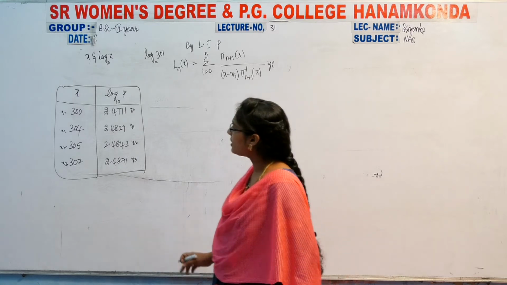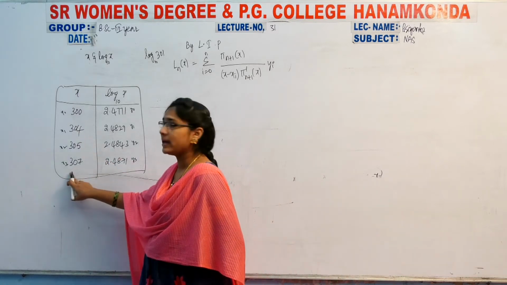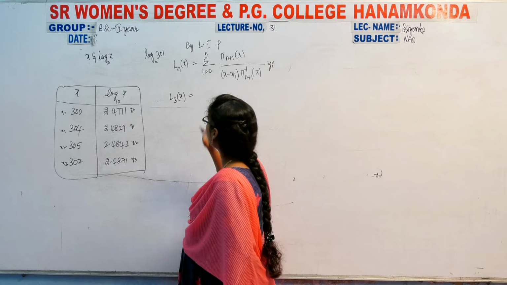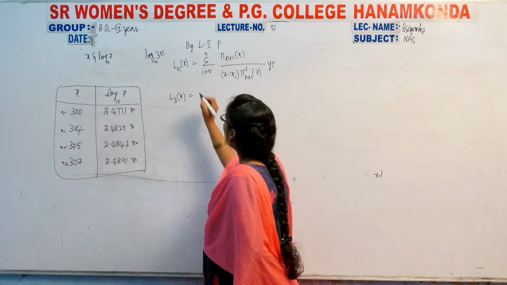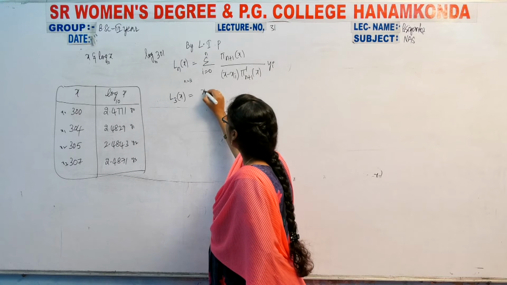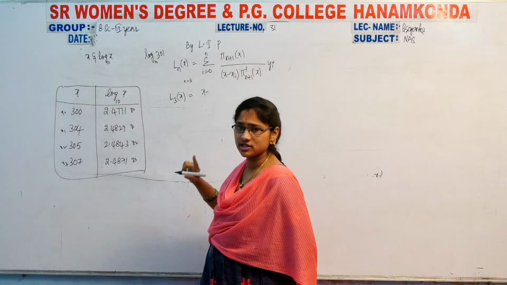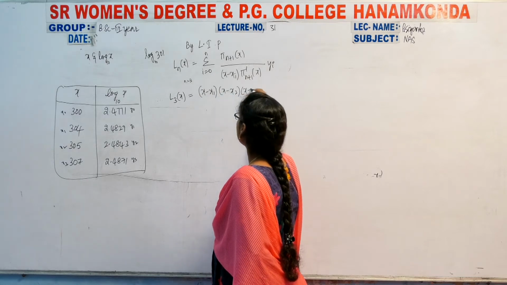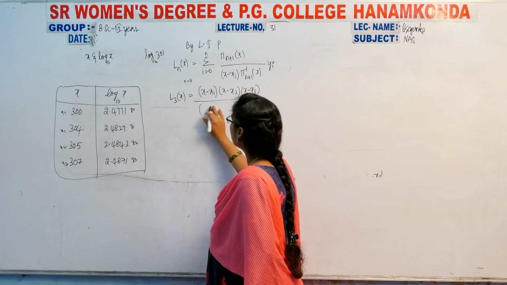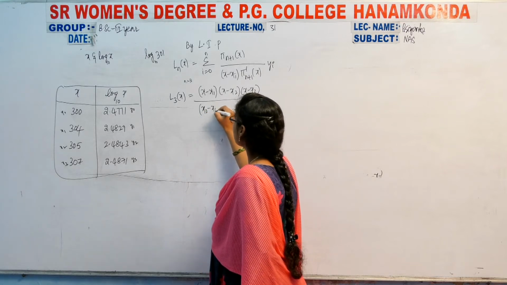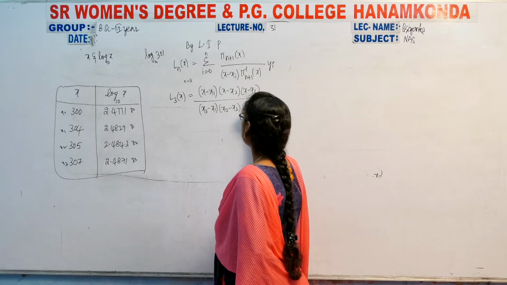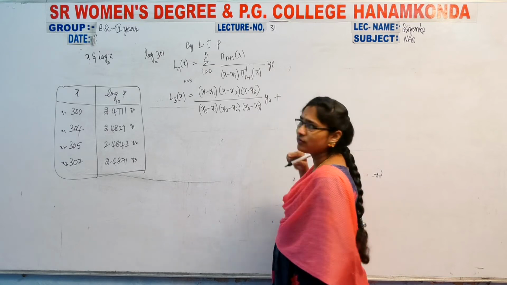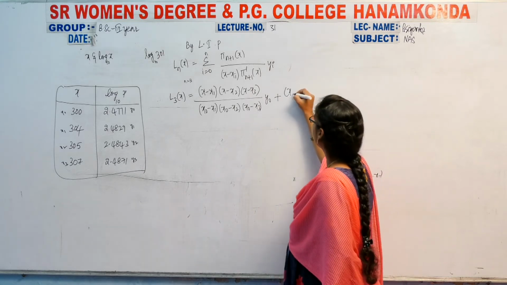Okay, so now here how many values we have, ma'am? Up to n is nothing but 3. So that's why simply we have to take L3 of x is equal to, now we have to put n equal to 3. Okay. Then what we get? x minus x0 we have to skip in the first term. Then x minus x1 into x minus x2 into x minus x3 by x0 minus x1, x0 minus x2, x0 minus x3 into y0 plus, now we have to skip x1.